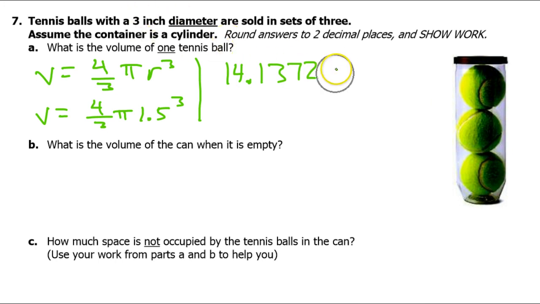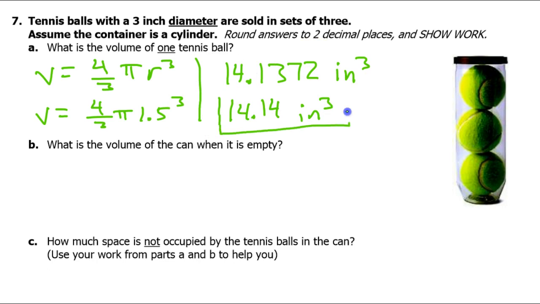This was inches, so that's cubic inches. Now, this would round to 14.14 if I do 2 decimal places, 14.14 cubic inches. The only reason why I even wrote down those extra decimals is just in case we need to use this number later and I want more accuracy.